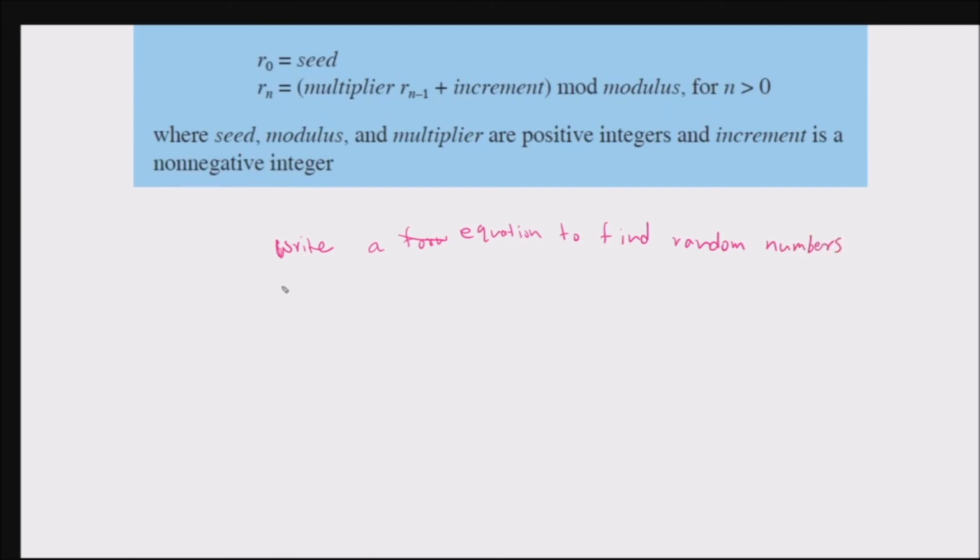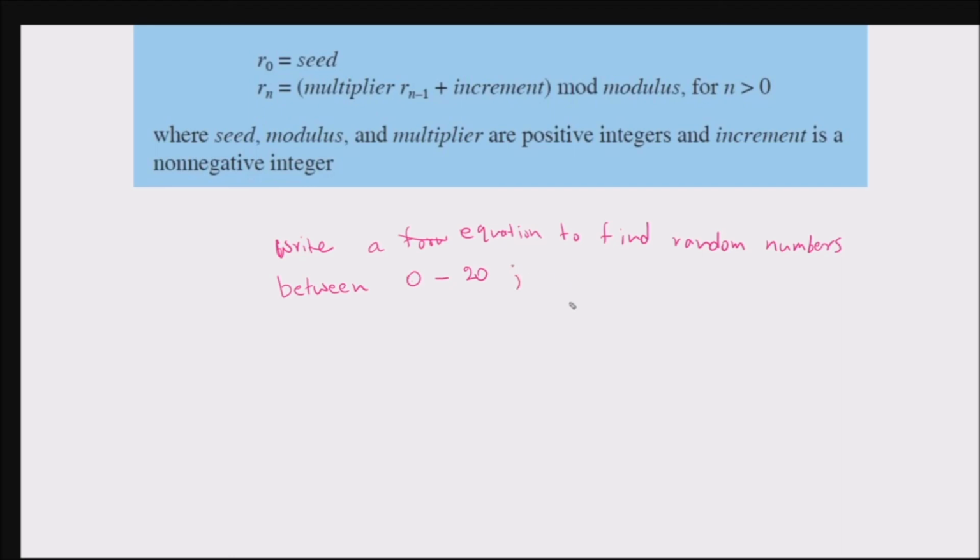between, let's say, okay, let's take an easy one, 0 to 20. How do you do this?